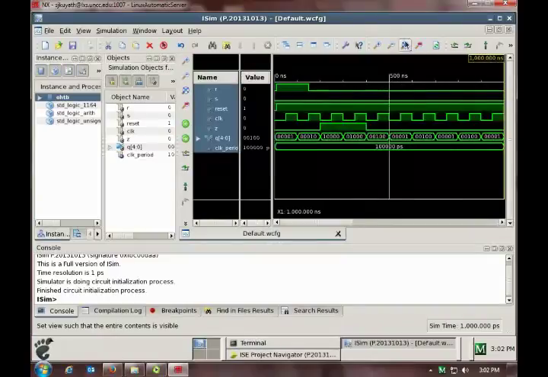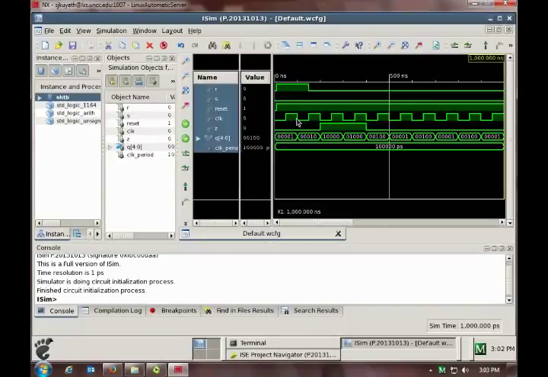Okay, now here we see this is finally working. So I reset, that puts me in state A. That's when R goes high. It stays high during this transition.